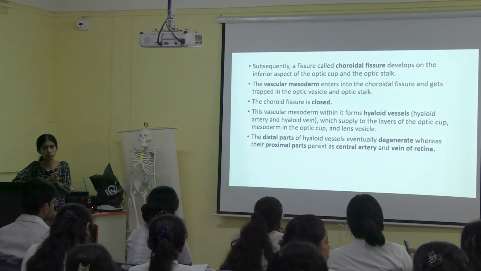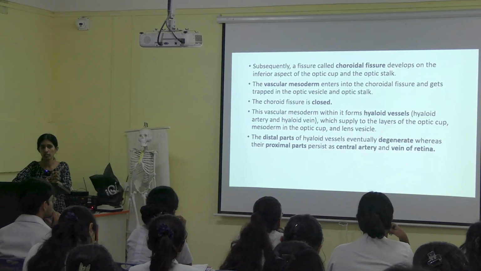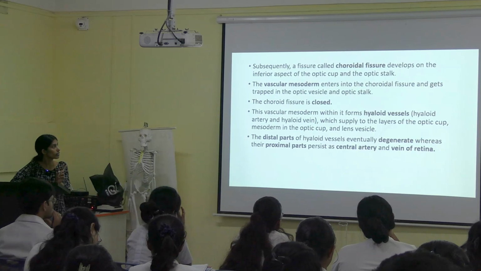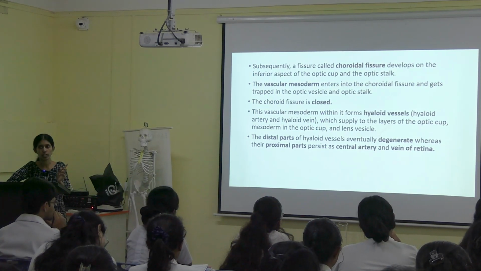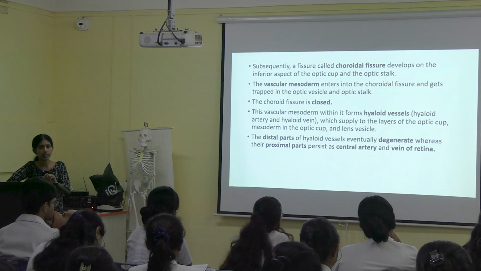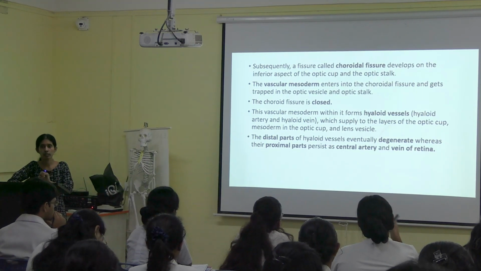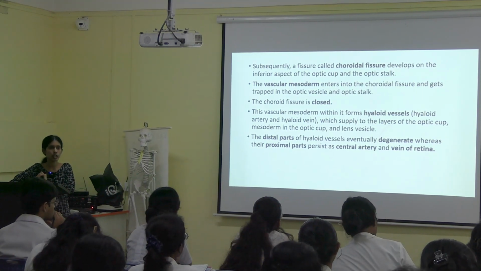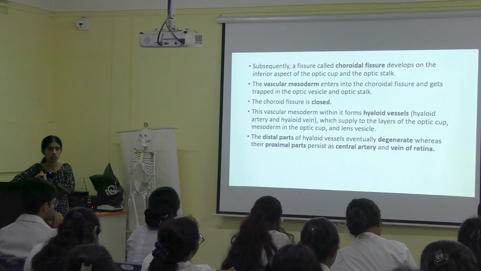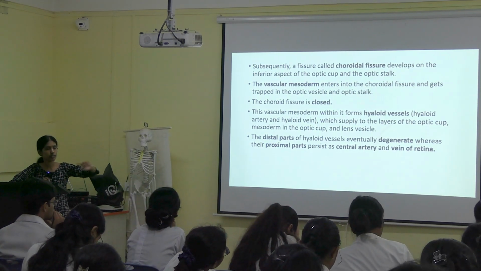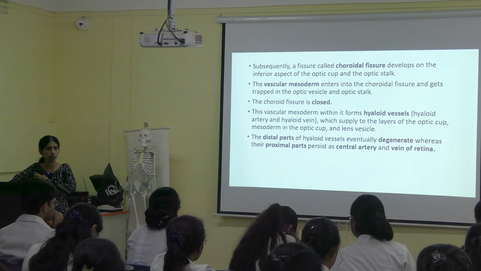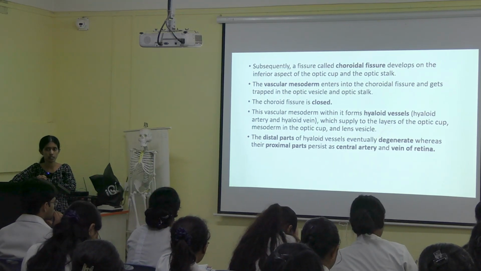How the formation of the choroid fissure takes place, we have learnt in the forebrain. Remember, the choroid fissure is also present on the inferior aspect of your developing optic cup and optic stalk. At one point during development, your choroid fissure will get closed. So in the optic stalk region, later your hyaloid vessels will grow in that particular region, okay?